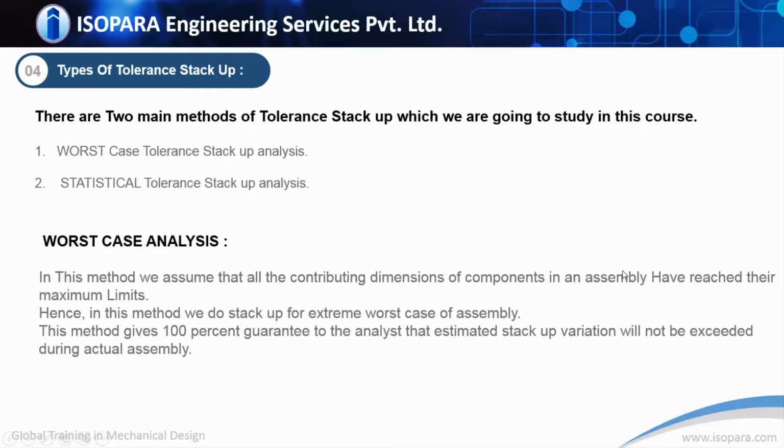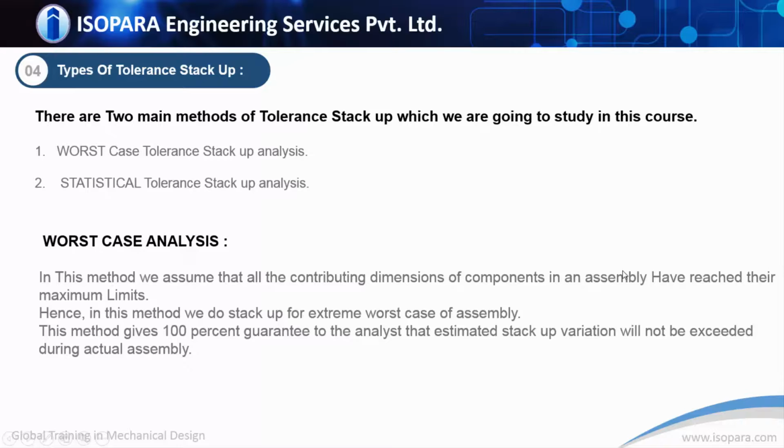Now, what is worst case tolerance analysis? In the worst case analysis method, we assume that all the contributing dimensions of components in a given assembly have reached their maximum worst case limit. Hence, the assembly will face its worst case scenario. This method ensures 100% possibility of assembly and guarantees that the estimated stack-up variation will not exceed the predicted limit.